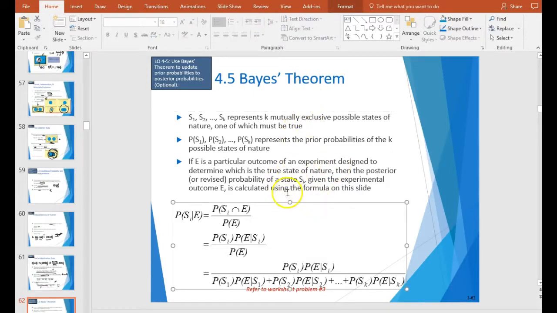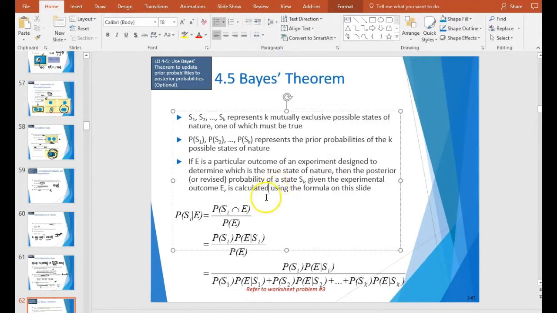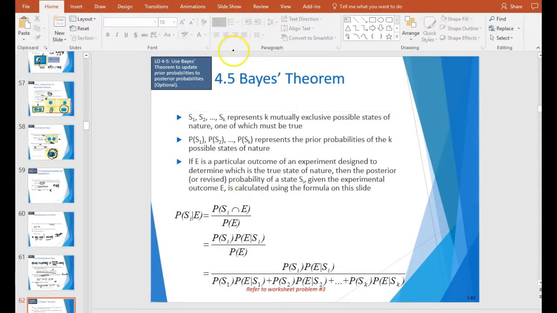So, first thing, let's break this down into the three different parts that it is. The first formula we see, the probability of S sub I given E, is equal to the joint probability, or the intersection probability, of S sub I and E, all over the probability of E. That's just our regular conditional probability that we just learned.